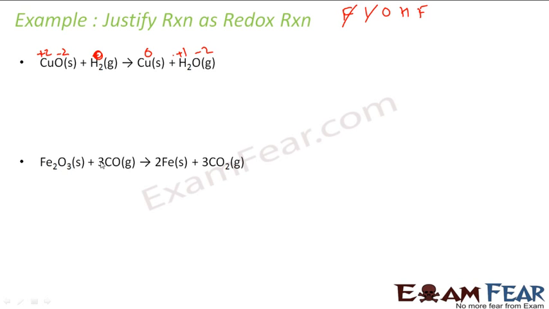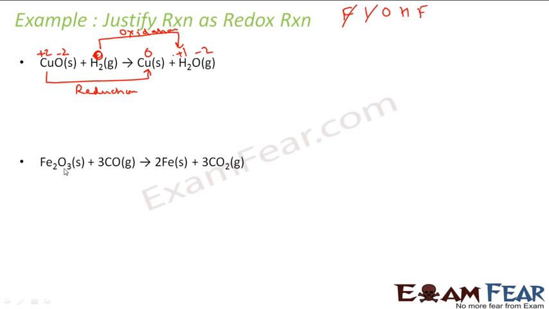Now in this case, copper went from +2 to 0, a decrease in oxidation number, which is reduction. Hydrogen went from 0 to +1, an increase in oxidation number, which is oxidation. So this is a redox reaction.